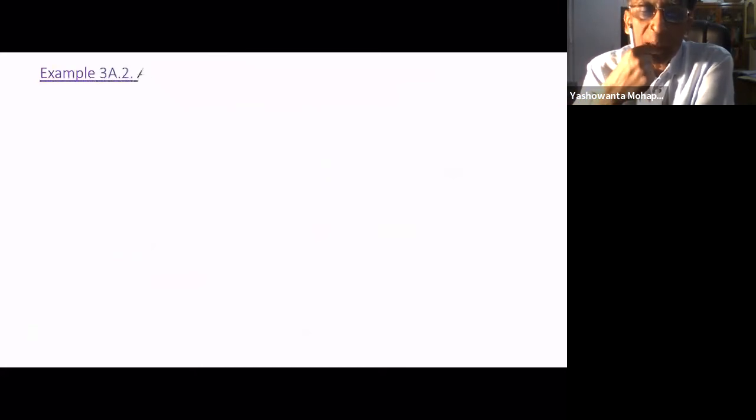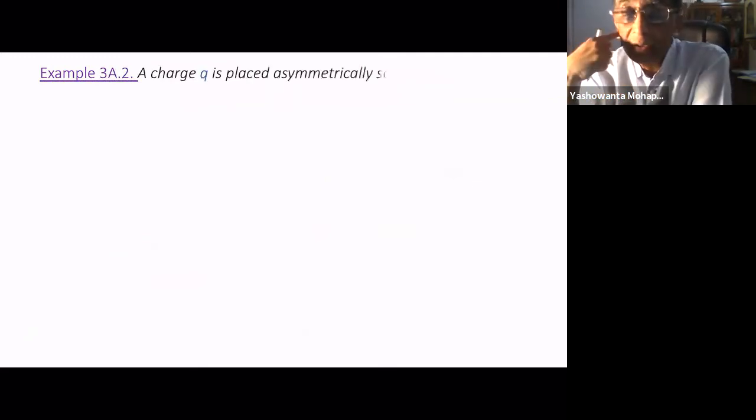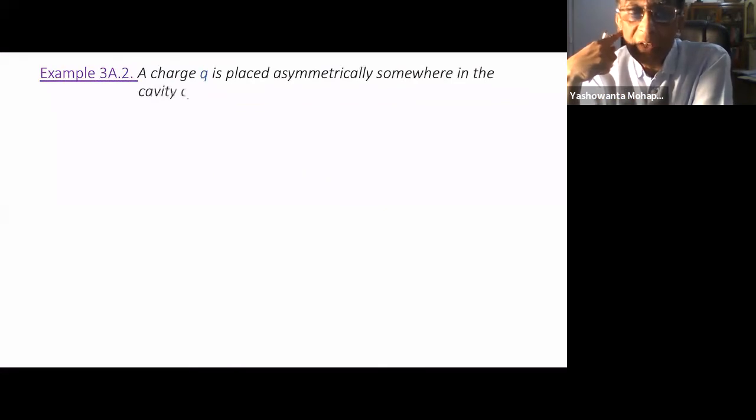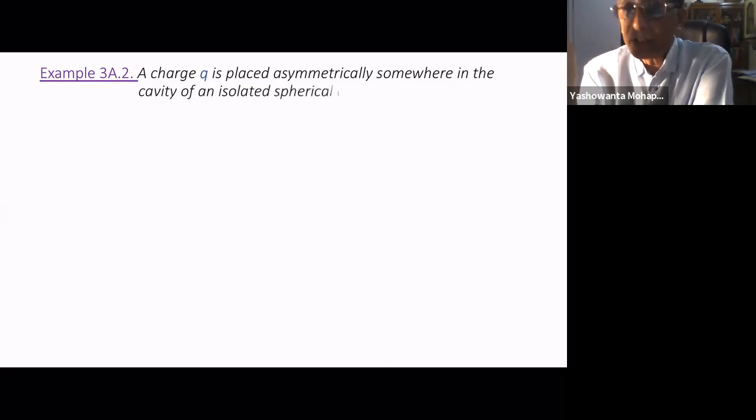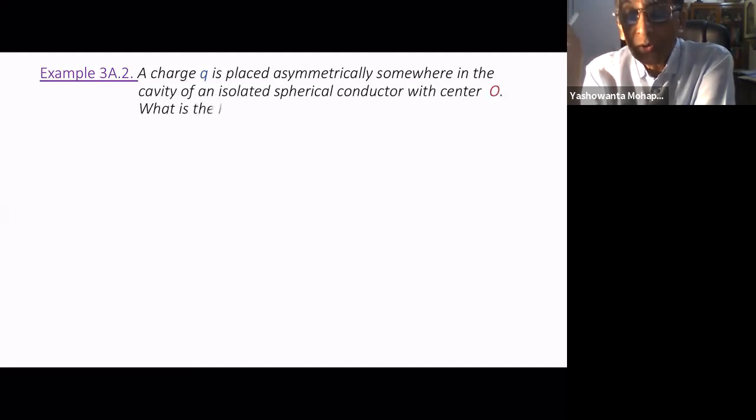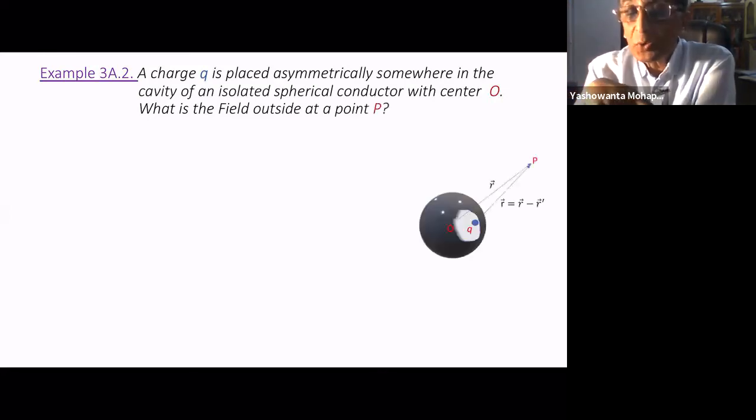Okay, let's take an example 3A2. A charge Q is placed asymmetrically somewhere in the cavity of a spherical, isolated conductor, with center at O. Now the question is, what is the field outside at a point P, which is shown here?